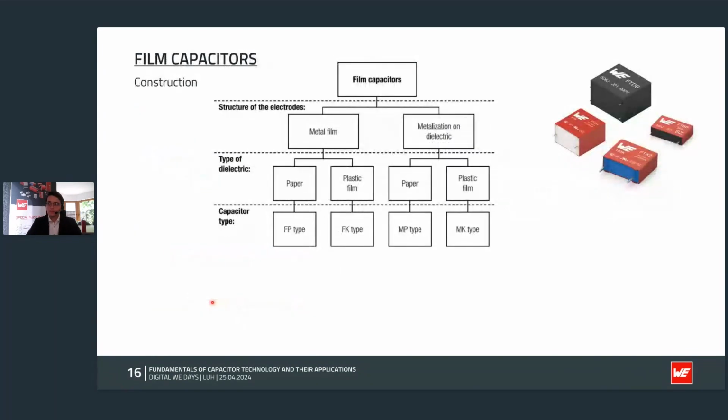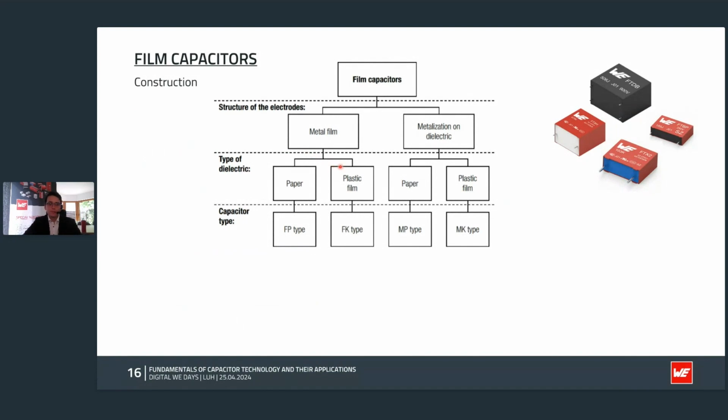So let's talk a little bit more about film capacitors. Generally speaking, we could divide them into metal film and metallization on dielectric. The metal film types use one metal film and then, for example, paper or plastic film, and you wind that up, and this is then the total capacitor.